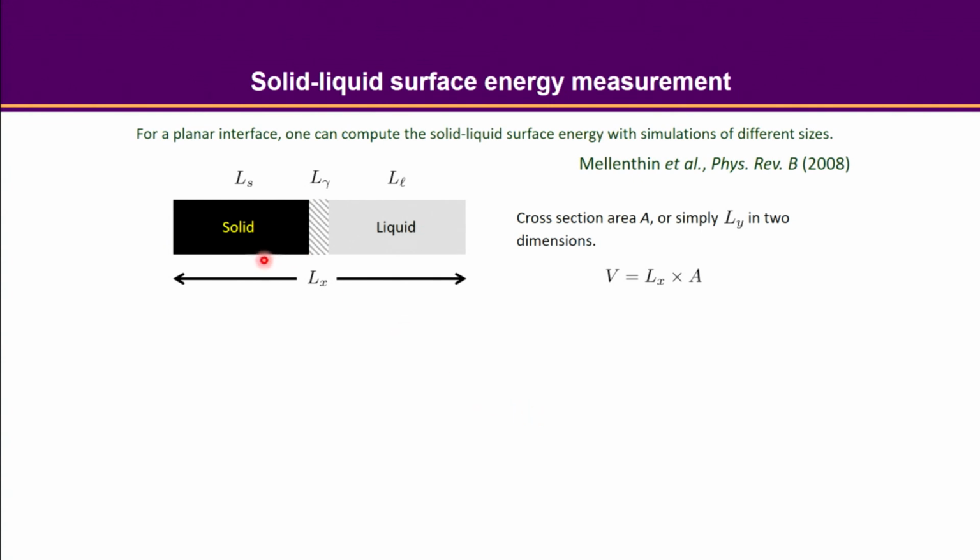You have a solid, a liquid, and the interface, right? If you are using a periodic boundary condition, you might have an extra interface here, but just for illustration, I show you a system with only one interface.